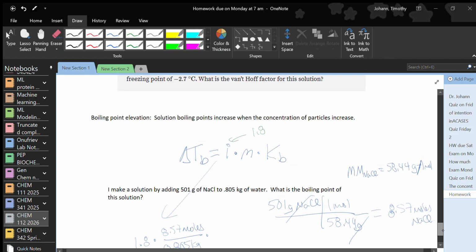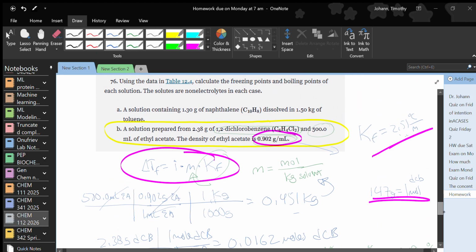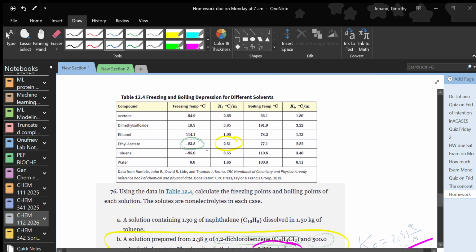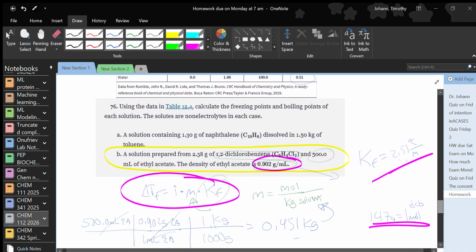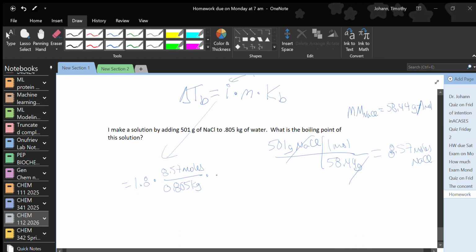And then we need this boiling point elevation constant from our table, right? We looked that one up. So for water, our boiling point elevation constant is a measly 0.51. We're still going to get a good change.